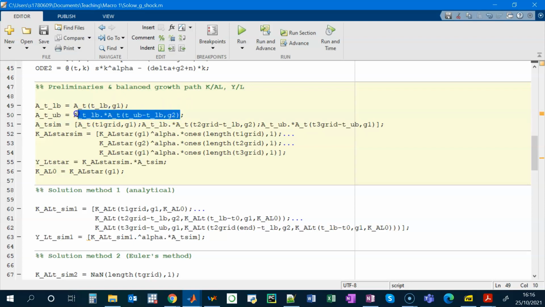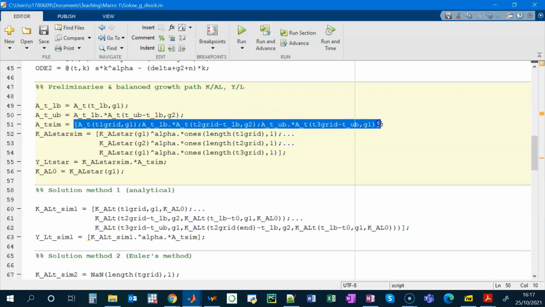So we need to account for the fact that between T lower bar and T upper bar, the growth rate of TFP is higher. So this gives TFP at the end of that interval at T upper bar. And then this line is just stitching those three series for TFP together.